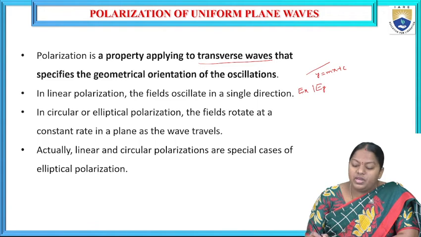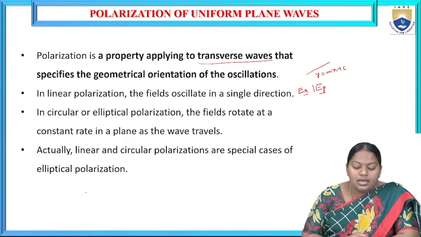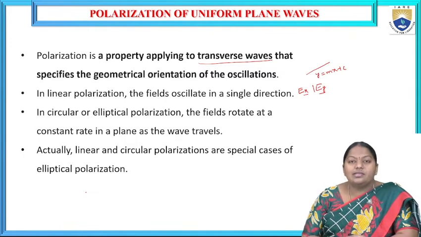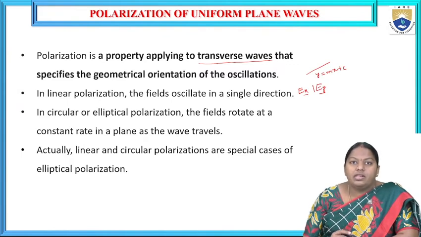Right? Suppose we are assuming the direction with respect to x, then y will be a constant. Suppose we are rotating with respect to y, then x will be a constant. That's why in linear polarization the fields oscillate in a single direction, whereas in circular or elliptical polarization the fields rotate at a constant rate in a plane as the wave travels.